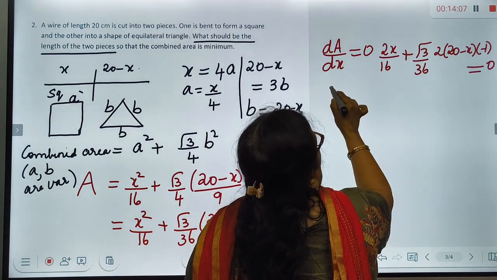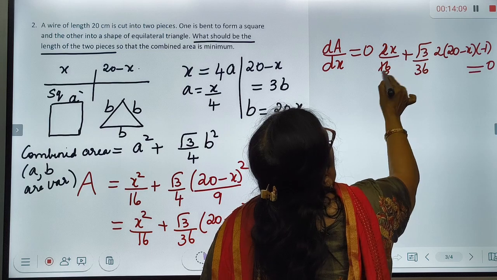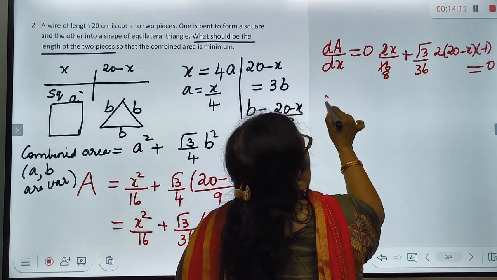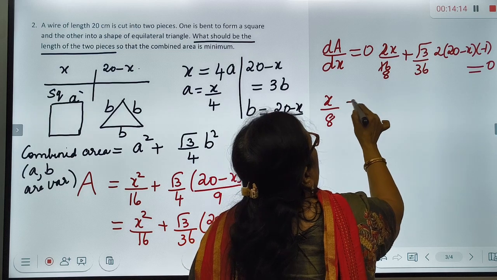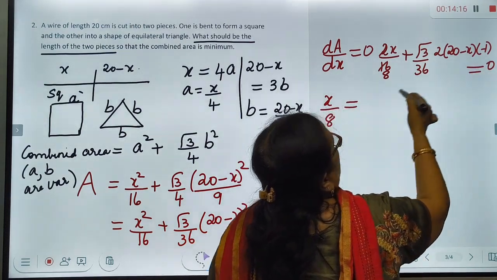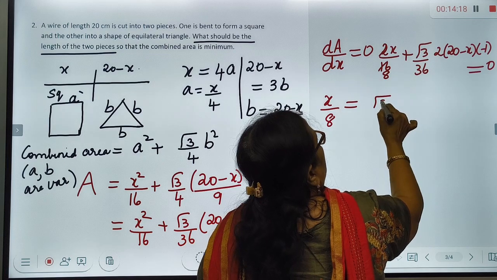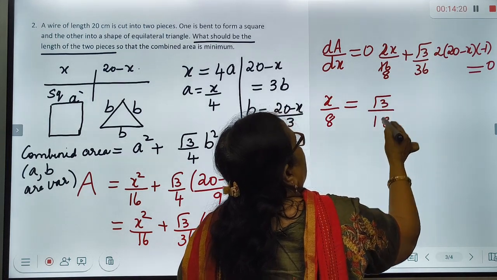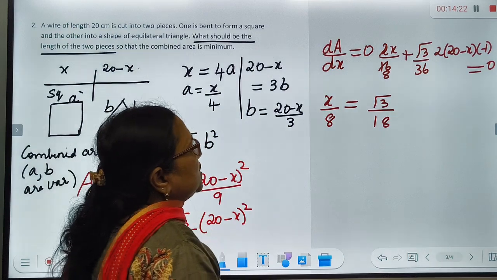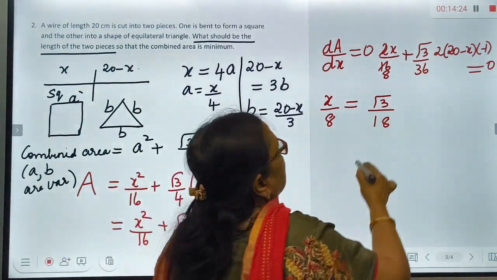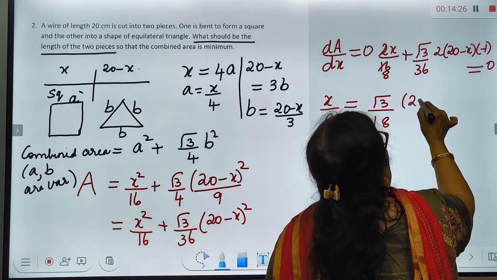Now to find the critical point, this is x by 8. X by 8 is equal to, because I have a minus sign, I can just take it to the other side, root 3 by 18, because 18 into 2 is 36, into 20 minus x.